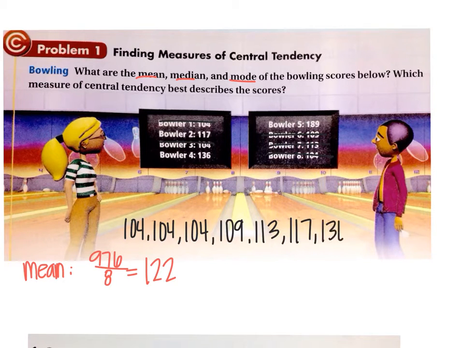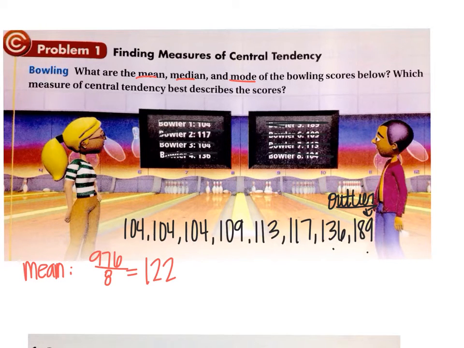Then 136, and then 189. So it jumps up real high from 136 to 189. So that tells me that's an outlier. And I'm going to write that out above it. Anytime you see a number that's way outside of the data set, that's an outlier.